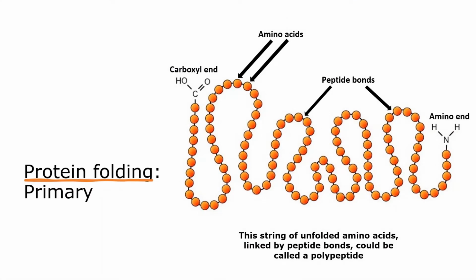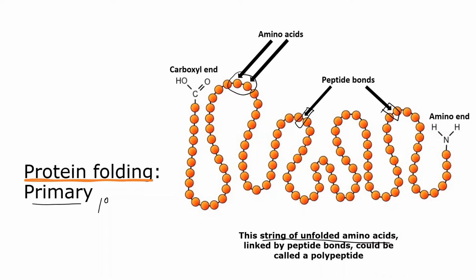So there are going to be 4 levels of protein folding. And the first one, sometimes you can just shorthand the word primary as 1 with a little circle above it. That means primary. So the first level of protein folding is actually not folded at all, which is strange. But the string of unfolded amino acids, and you see them there, each one of these balls is an amino acid, and the bonds that hold them together are called peptide bonds, just like we went over in the last slide.